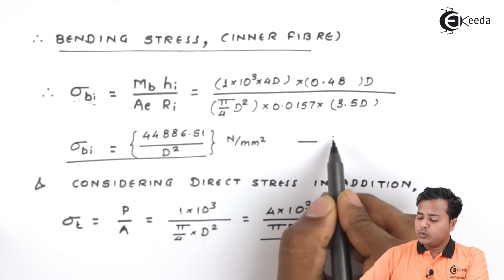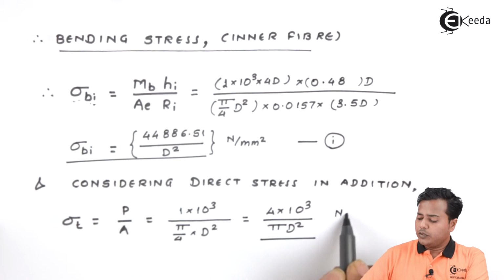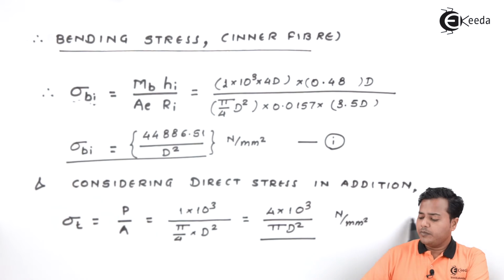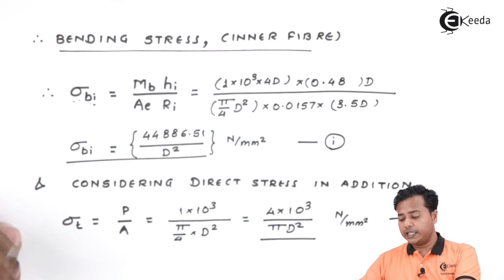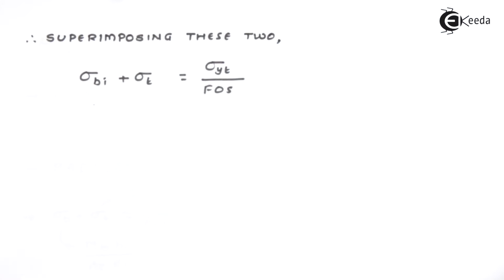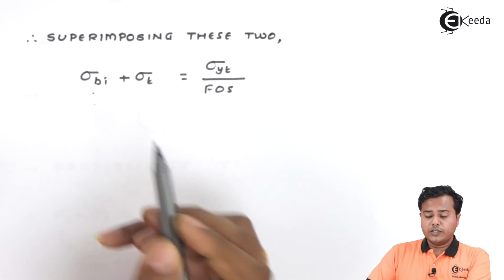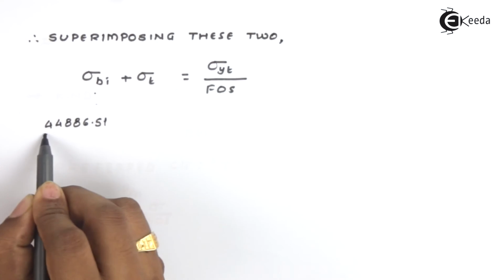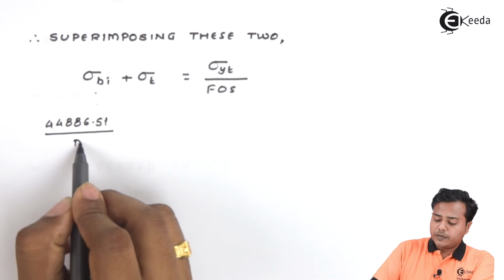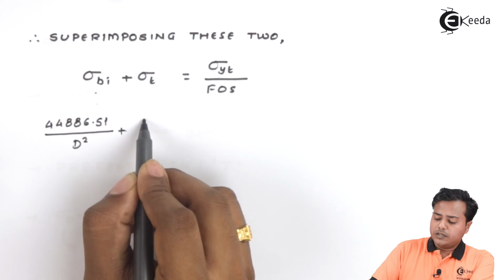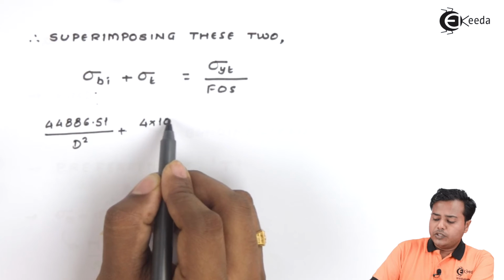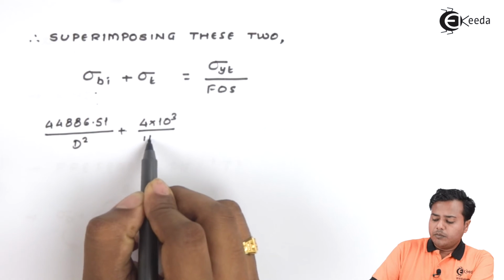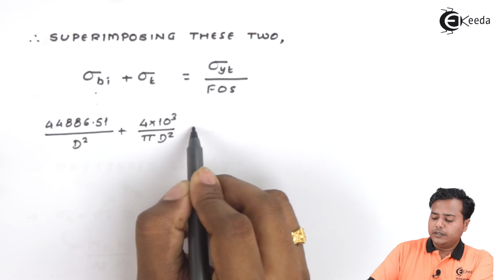Let's combine these two expressions whose units are again the same. So considering their superimposition, we can say the total stress will be given by divided by d square plus 4 into 10 raised to 3 divided by pi d square.